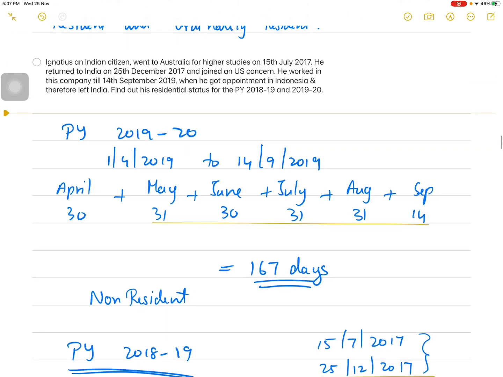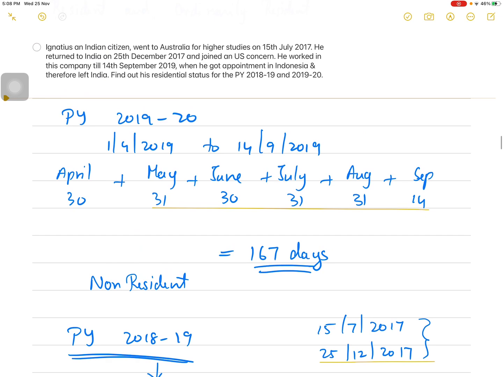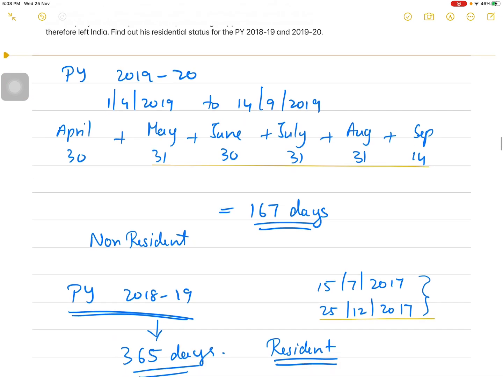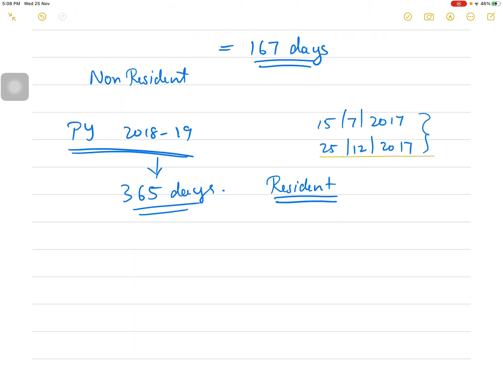I think he is ordinarily resident only, and you don't need to check, because before that he was in India only. Still, let's see the preceding years.